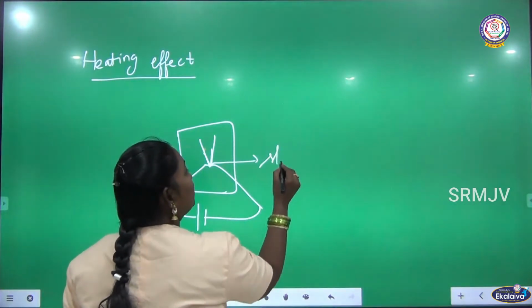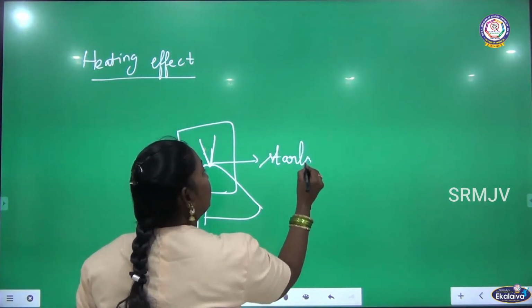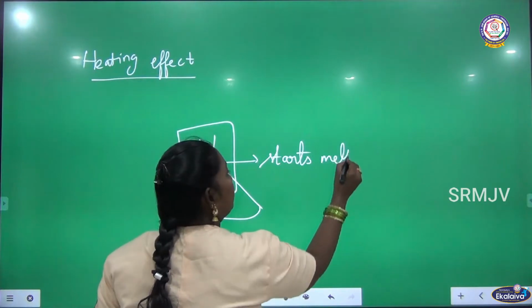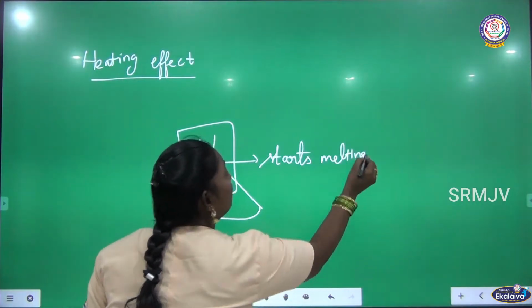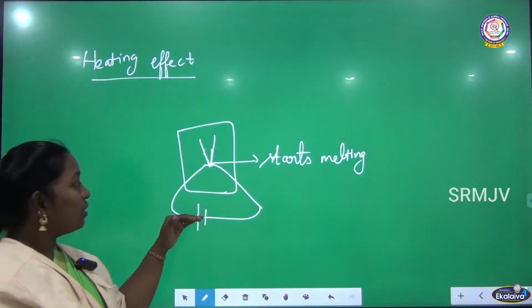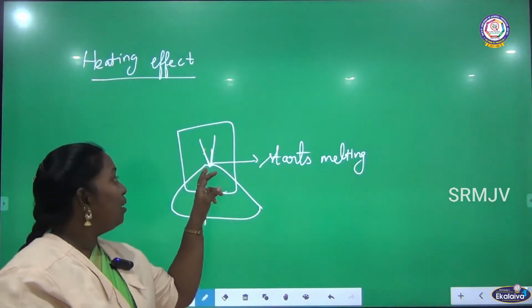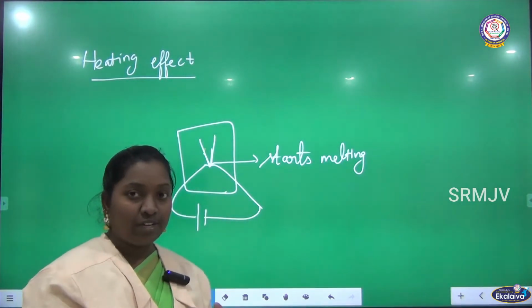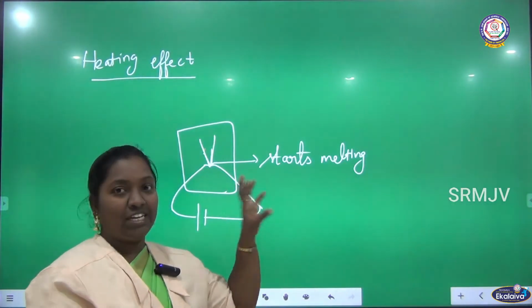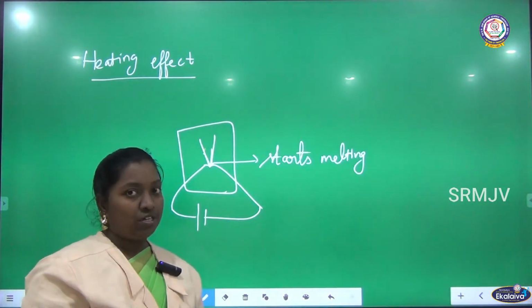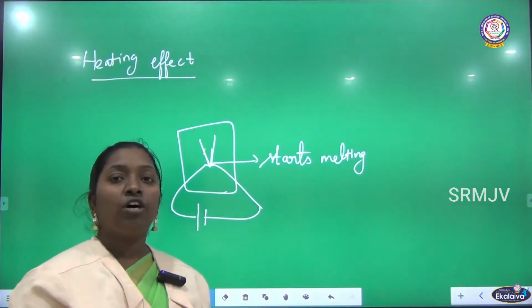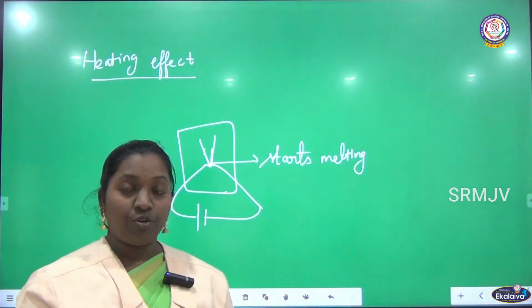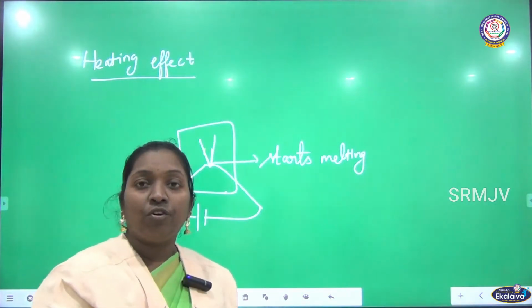It starts melting due to what? Due to the current flowing through the foil. So it shows that when there is a flow of current, it produces heat. In general, why does the flow of current produce heat? The electrons are flowing in a circuit.